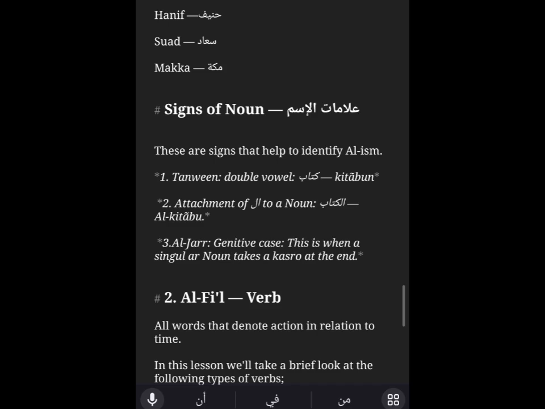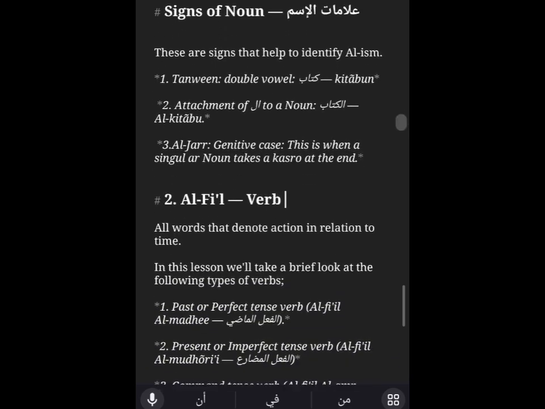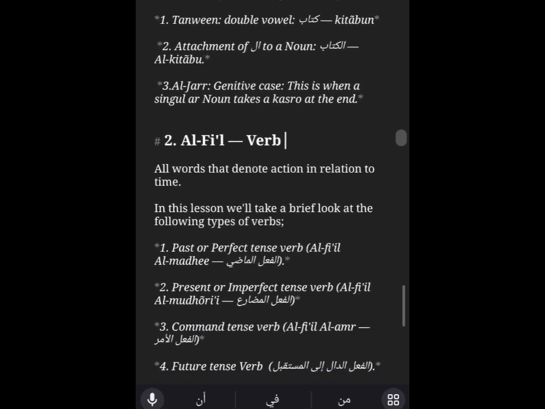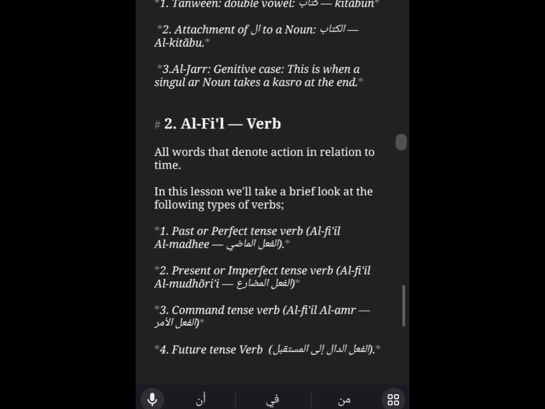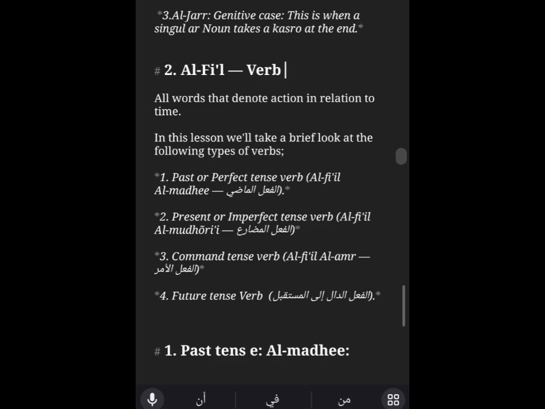Okay, now let's look at number 2, which is al-fi'l. Al-fi'l means verb. When we talk of verbs, in English we know that verbs are action words. It's a word that denotes action in relation to time, and it's not different in Arabic.